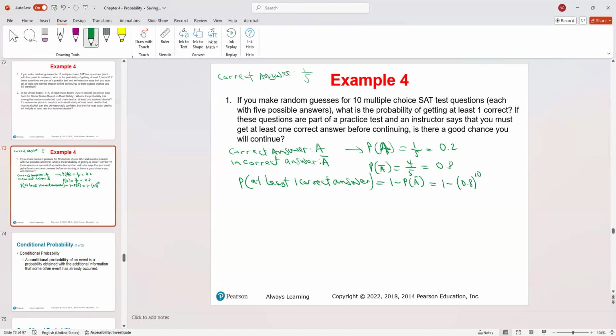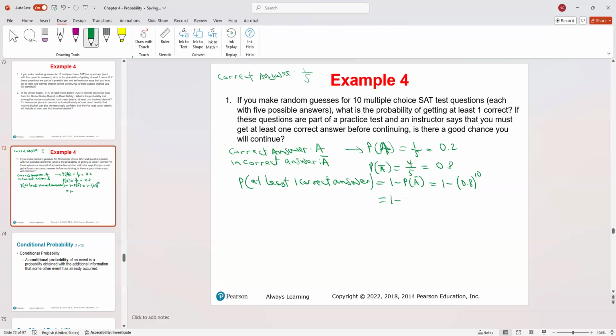At this point, the probability of getting no correct answer in the first question is 0.8, times 0.8, times 0.8, times 0.8, times 0.8. So the answer here would be 1 minus whatever we find.